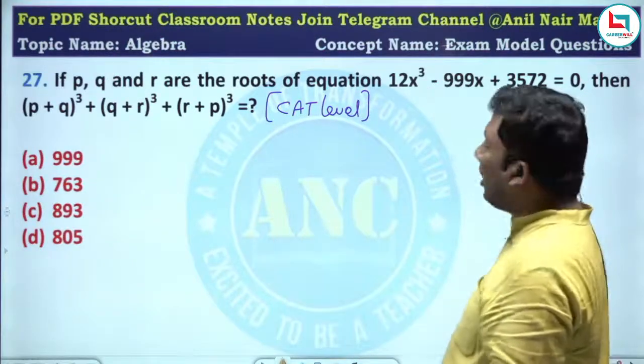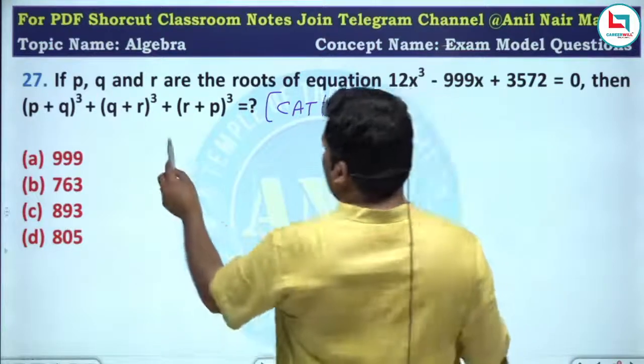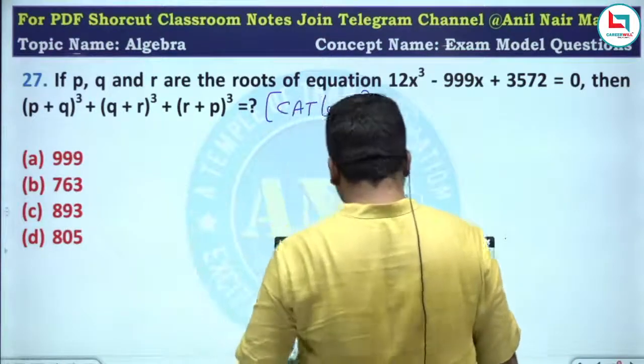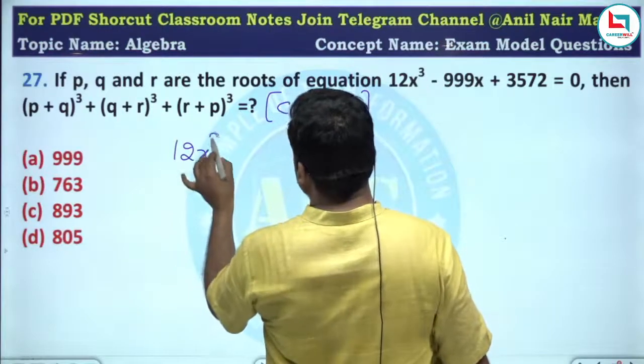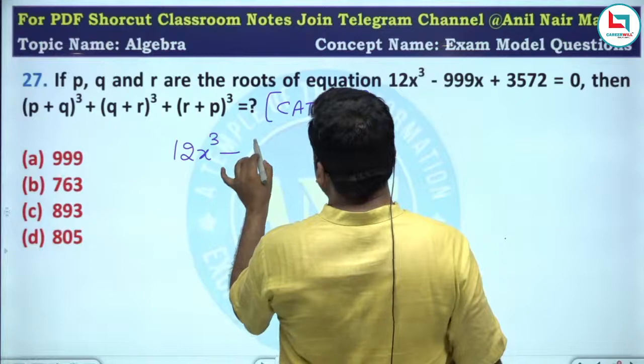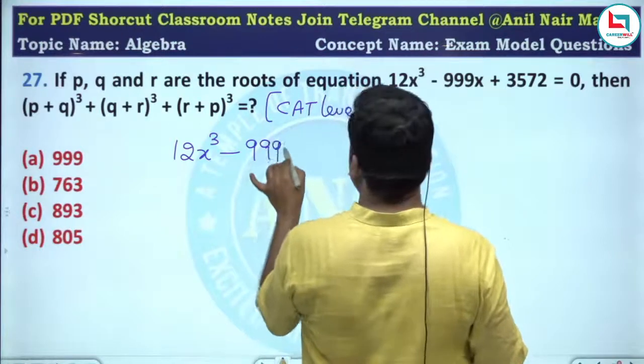If P, Q and R are the roots of the equation 12x cube minus 999x plus 3572 equivalent to 0. Read the question, you will get the idea. X square is missing. That is the root cause of the problem.